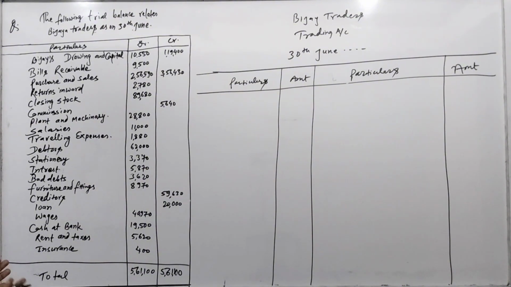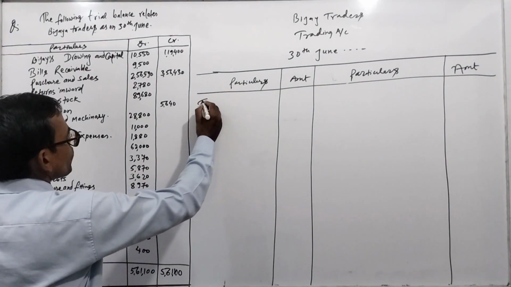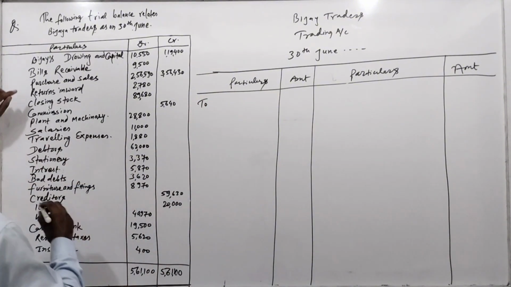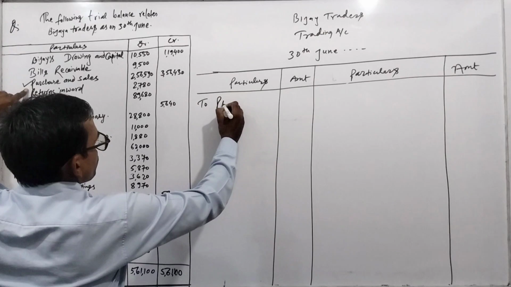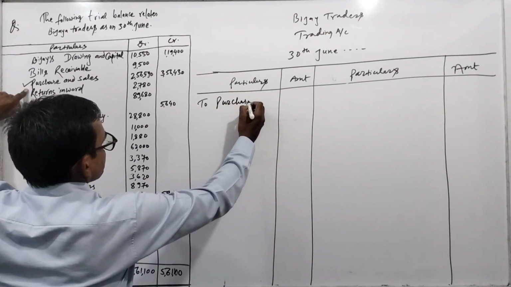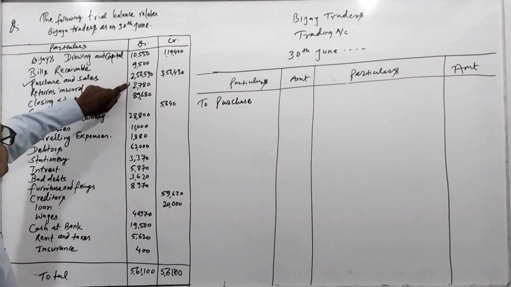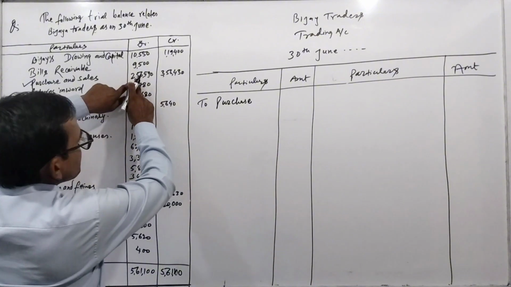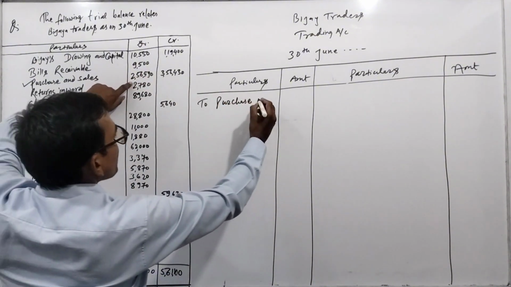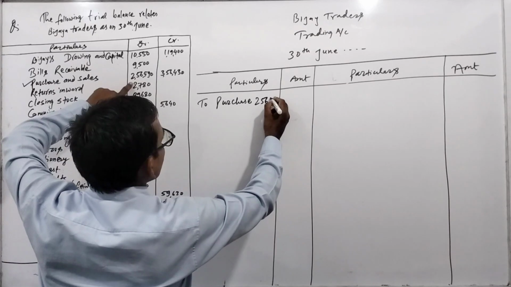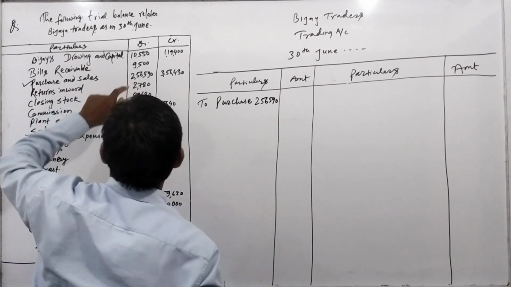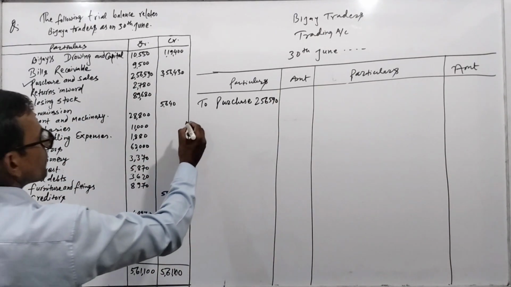No, opening stock is not given, so don't write. But then after you have to look for purchase. Here is purchase. So you have to write here purchase in debit side, 2,56,590.